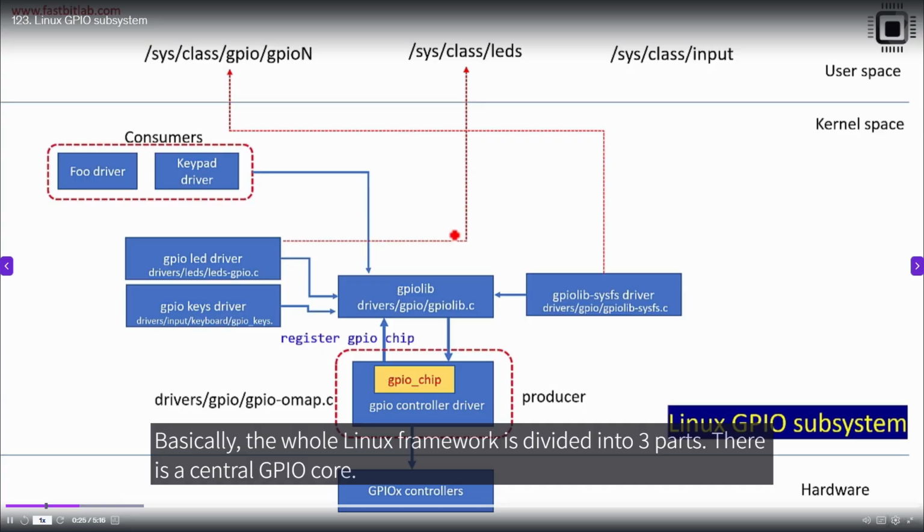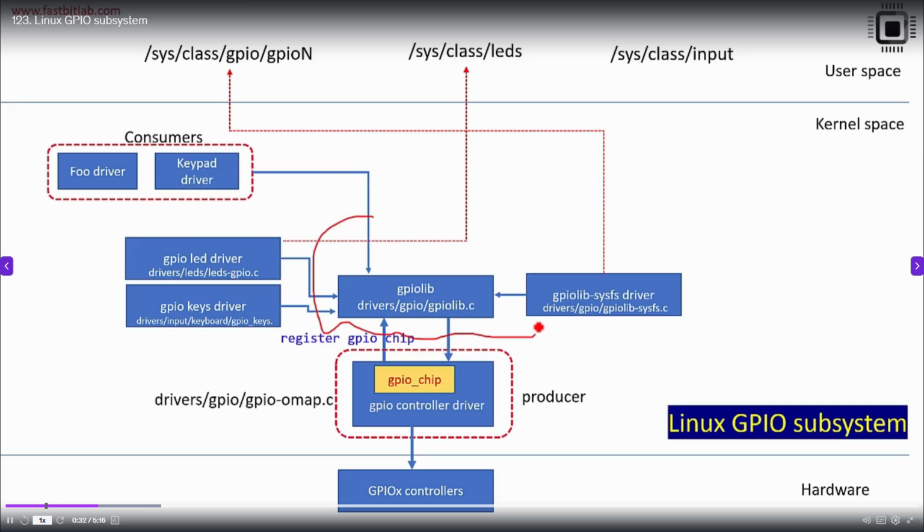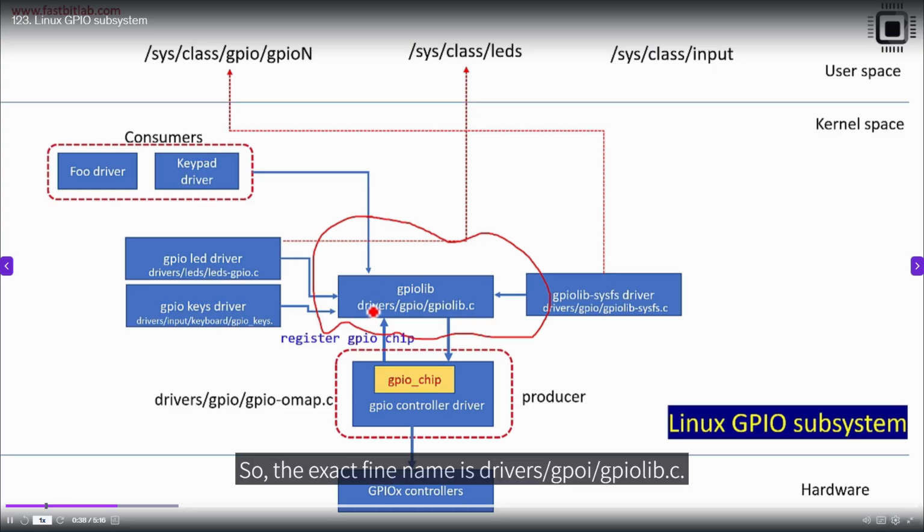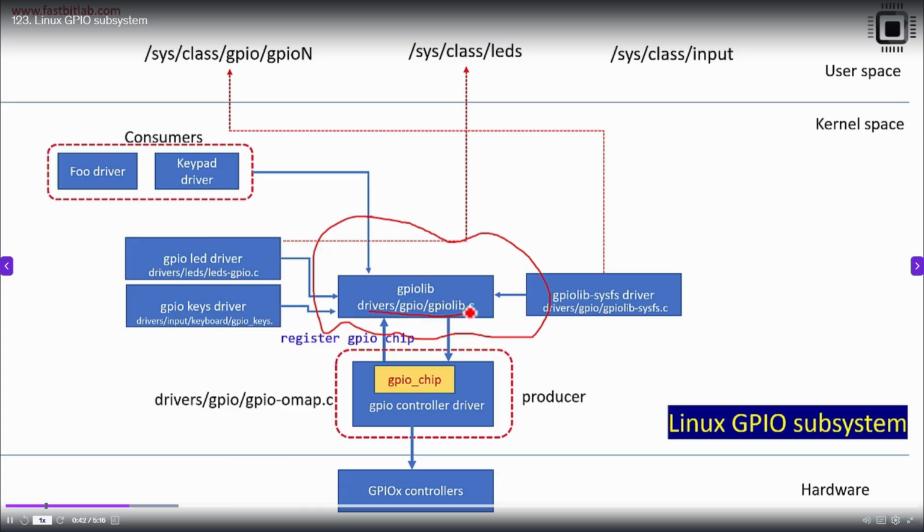Basically, the whole Linux framework is divided into 3 parts. There is a central GPIO core. This is the GPIO framework, or GPIO core, of Linux, which is hardware independent. The exact file name is drivers gpio lib.c. So that's the GPIO core.